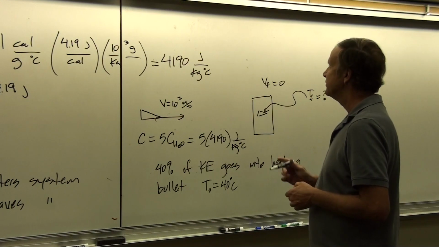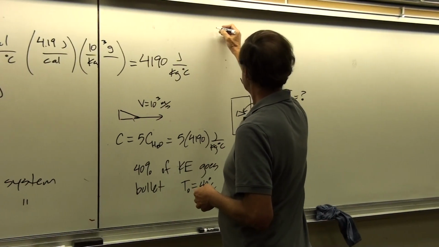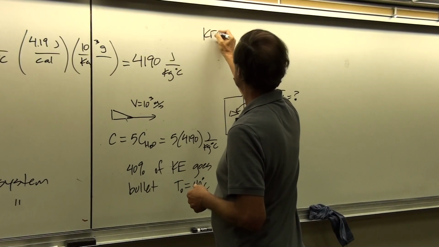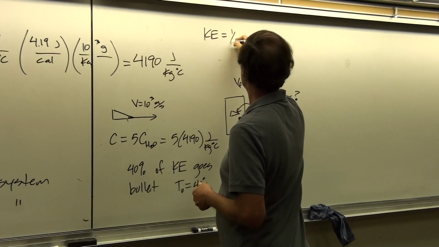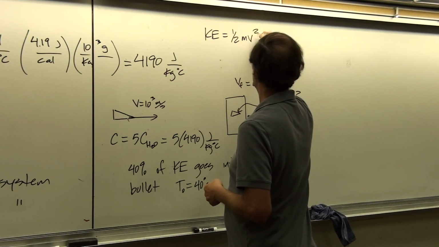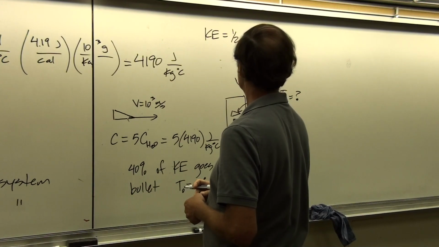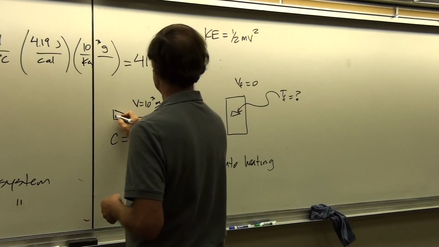Then what we could do is write our expression. In this case, the kinetic energy is going to be equal to 1/2 mv squared, where v is the velocity of the bullet, and m is the mass of the bullet.